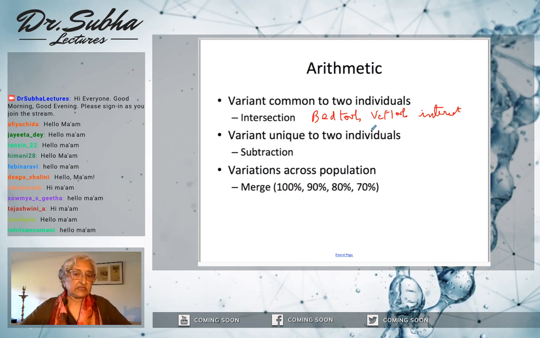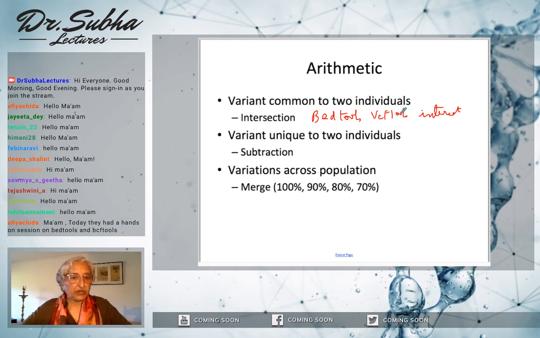Suppose, as I said, between my brother and me, I want to see what is unique to me because I have some medical condition that he doesn't. Then I need to subtract my brother's variants from my variants to know what may be causing my condition. Correct? So subtraction is also a function that is there within bedtools and VCFtools and BCFtools, whatever. I'm dropping these names because now you can search for the command line and you can get very smart about how you run it.